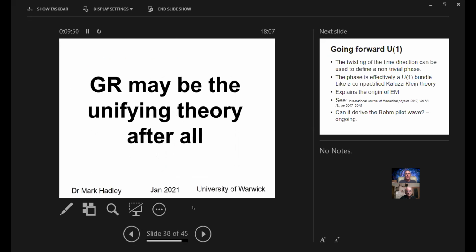Anyway, so I think general relativity may be the unifying theory after all. What I've been saying here is general relativity is a classical theory. We have classical waves or classical phenomena, but there are some special cases. Whenever you have acausal structures, time reversing structures, they obey quantum mechanics rules.